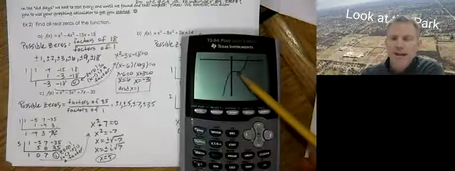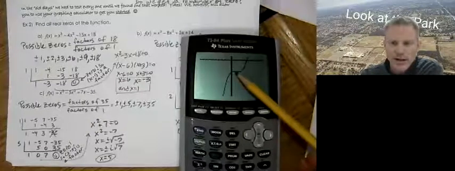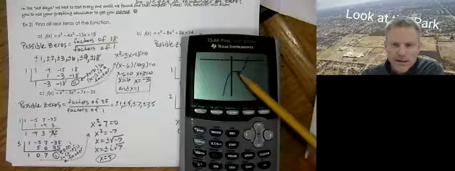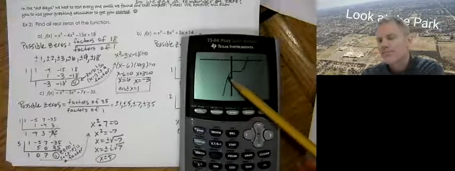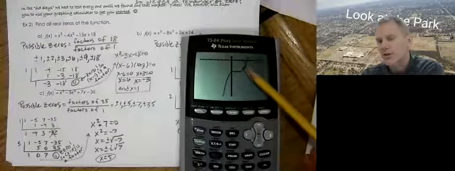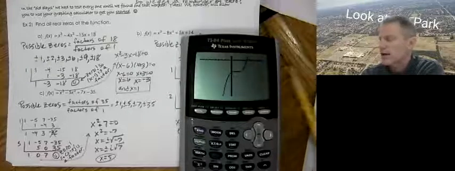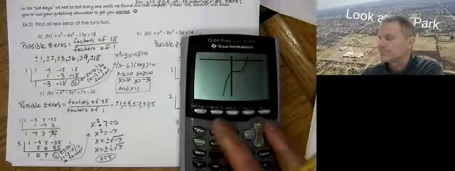It looks like it goes straight here, but it probably does not go straight there. It probably curves down a teeny bit. But anyway, there's our curving, so it's only going to cross the x-axis in one spot. And it crossed where we said, at 5. So that makes sense.